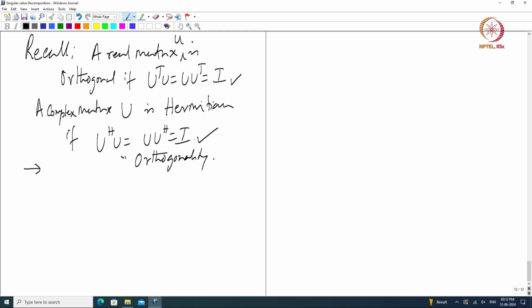What does this orthogonality do? You also recall another important result. What is that result?